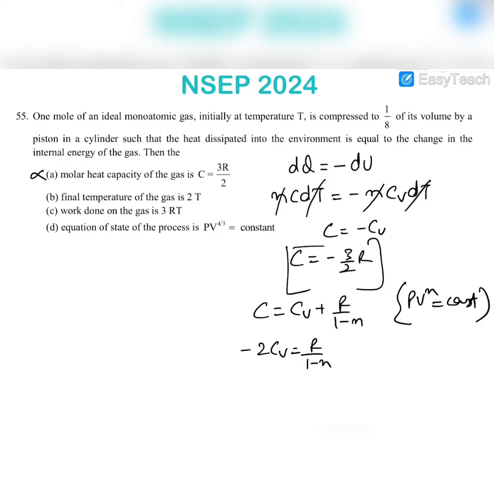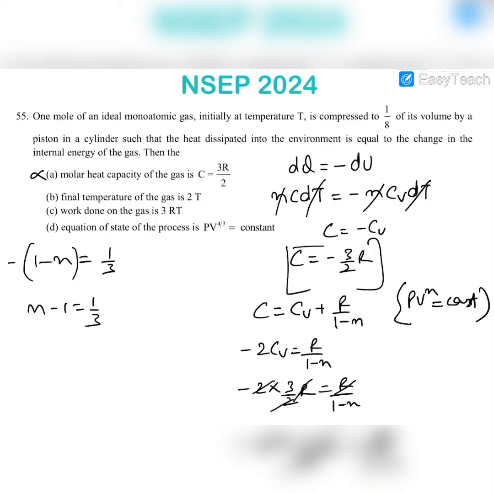And Cv is f/2 into R, and f is 3, so minus 2 into 3/2 R is R upon 1 minus n. So you can see that 1 minus n is equal to 1/3 with a negative sign. So n minus 1 is 1/3, so n is equal to 4/3. So the process equation is PV to the power 4/3 equal to constant.